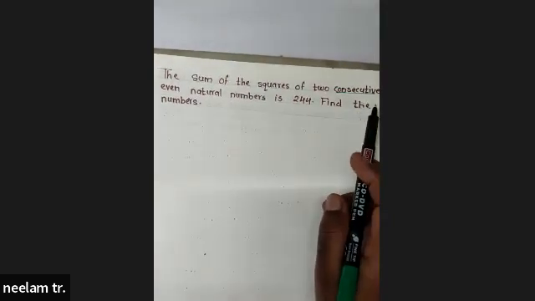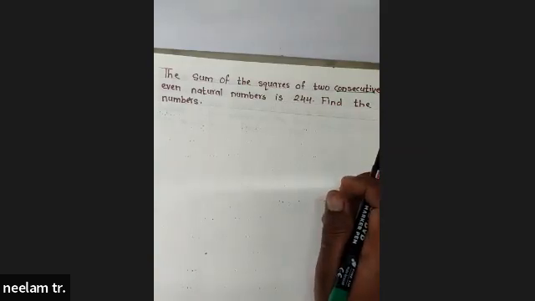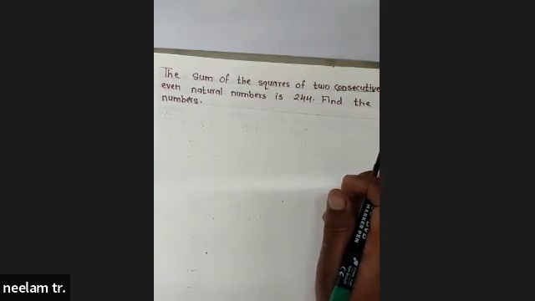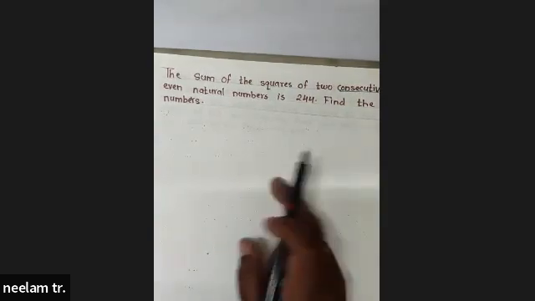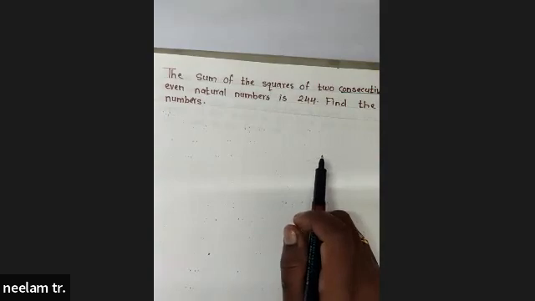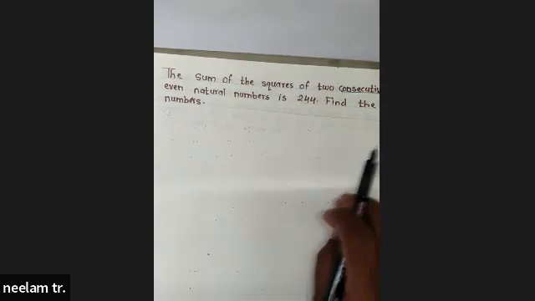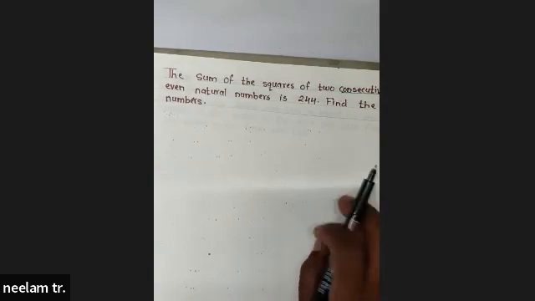Consecutive numbers continuously follow each other in order from smaller to larger. Suppose numbers 1 to 10. They will follow continuously, unlike even numbers where we take only 2, 4, 6, 8.